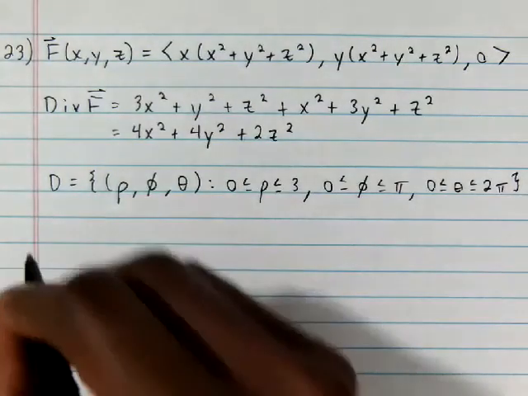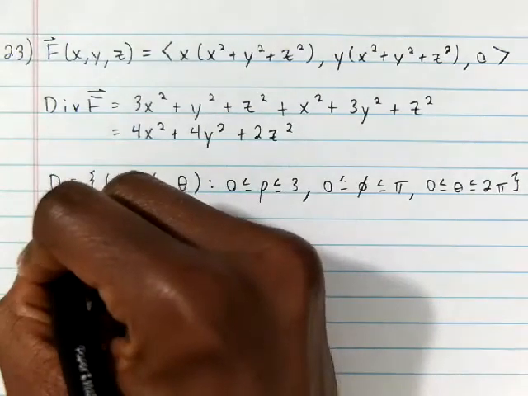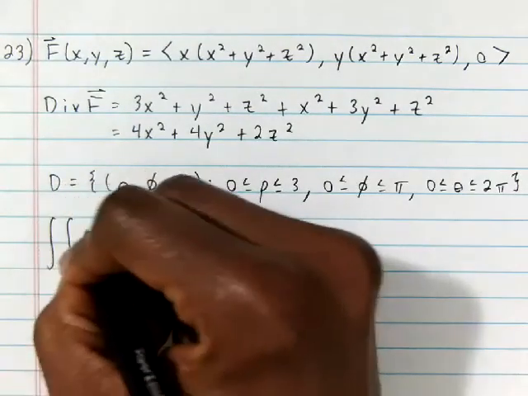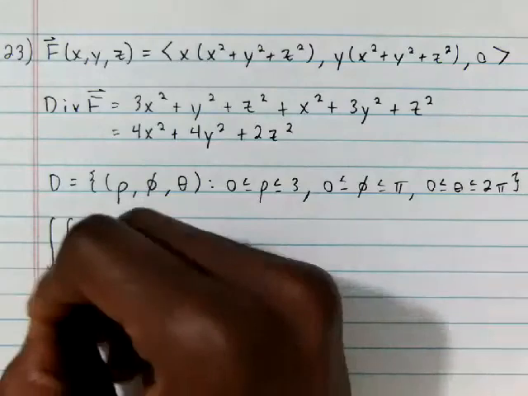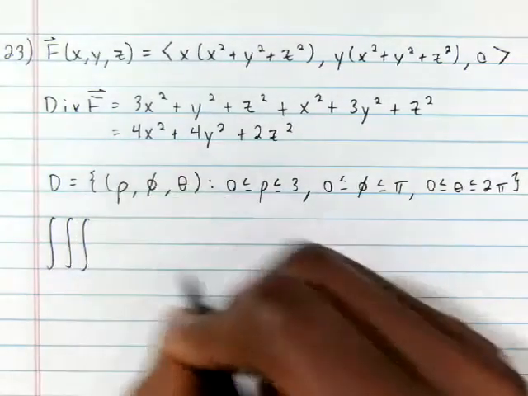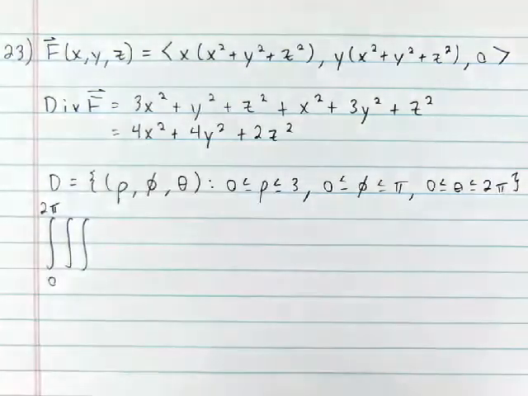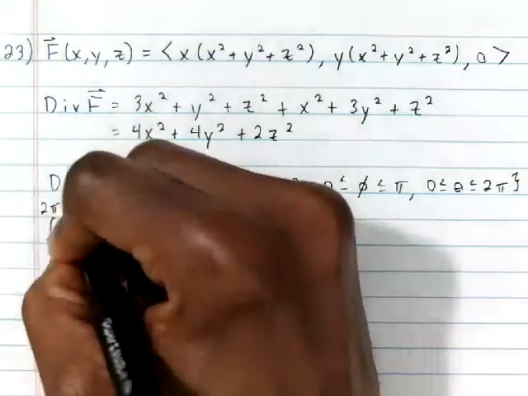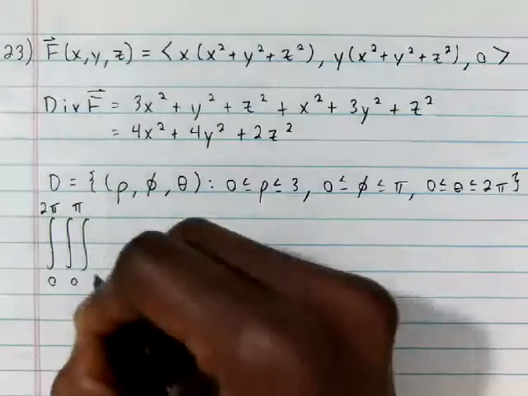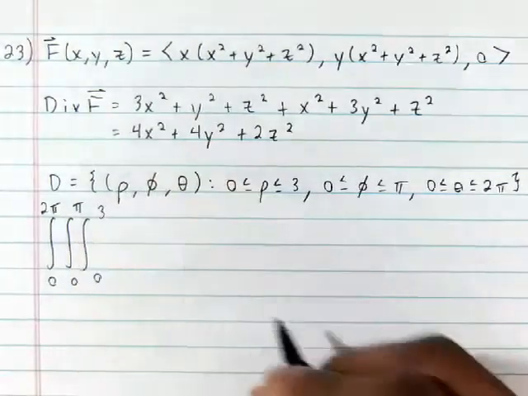So now we set up our triple integral. Theta goes from 0 to 2 pi, phi goes from 0 to pi, and rho goes from 0 to 3.